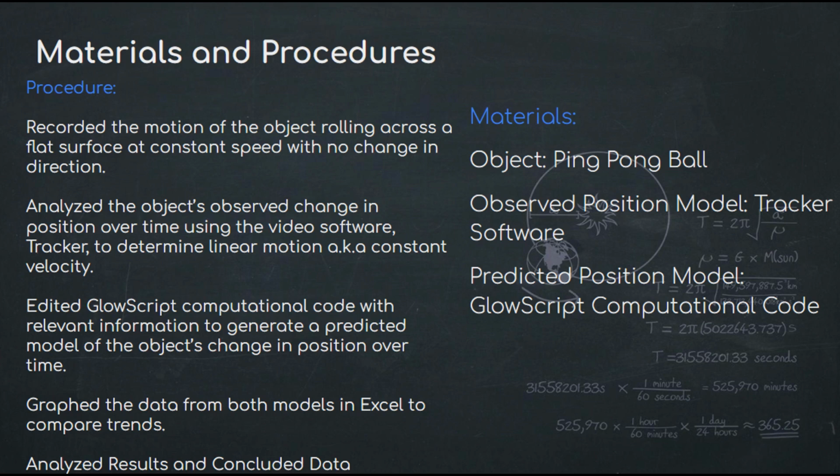I then analyzed the object's observed change in position over time using the video software Tracker to determine linear motion, aka constant velocity. I then edited a GlowScript computational code with relevant information to generate the predicted model of the object's change in position over time. Finally, I graphed the data from both models in Excel to compare trends and was able to analyze my results and conclude data from there.